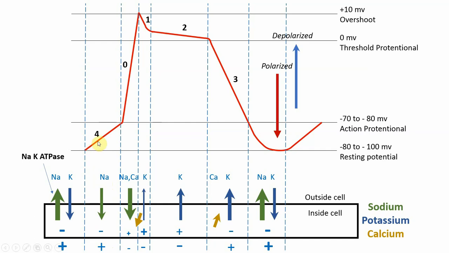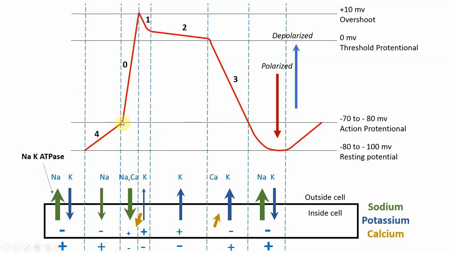So this is going towards zero. The cell has started loosening the negative current, at around minus 70 to minus 80 millivolts. The cell has an action potential, it is ready for action. Presently it is resting, now it is ready for action at 70 to 80 millivolts.